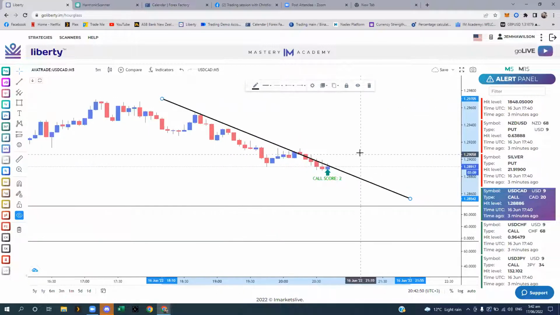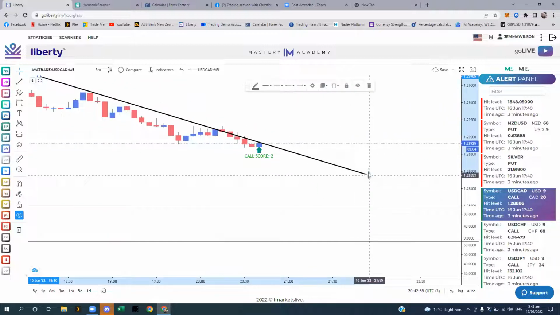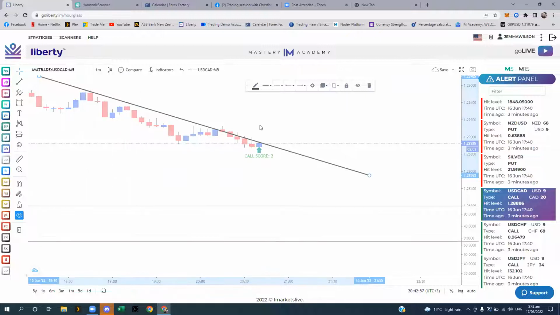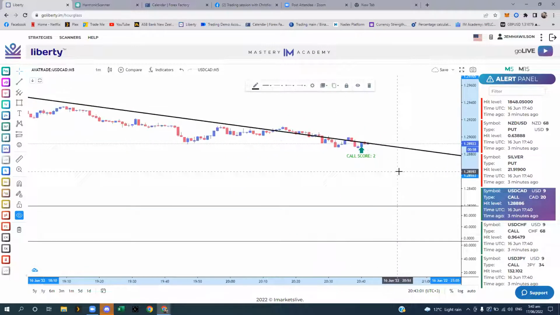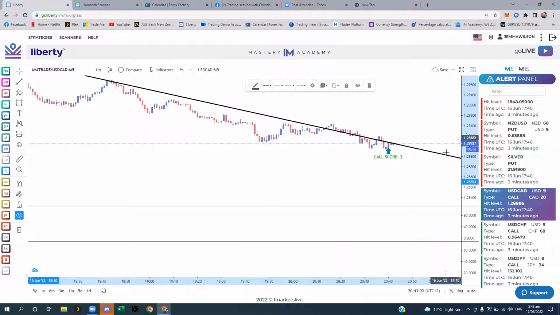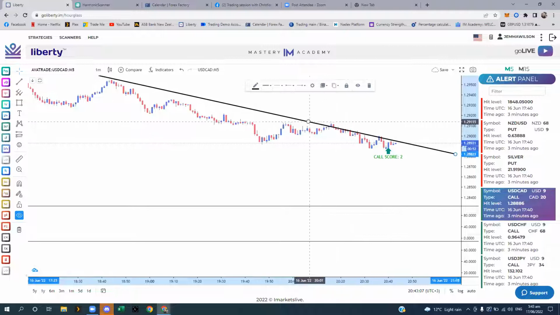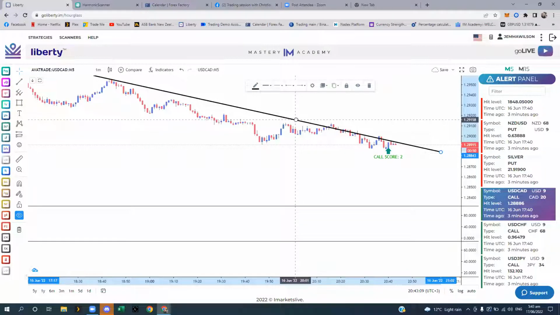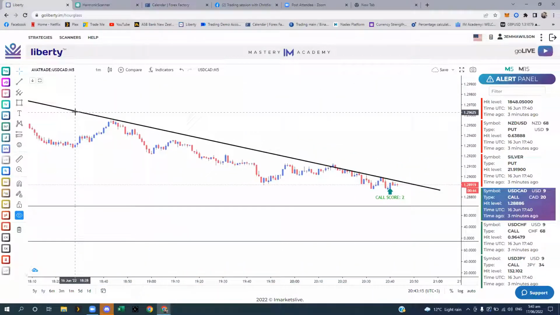I mean, it's not a perfect touch point, but down to the 1 minute. Okay, I'm going to try and take a sniper entry on this one.